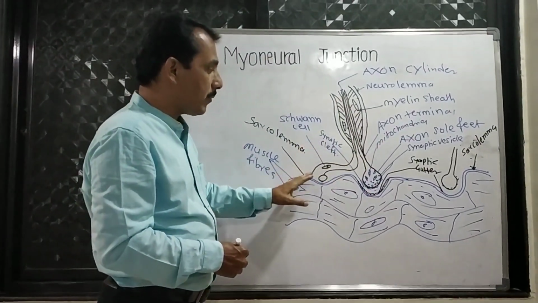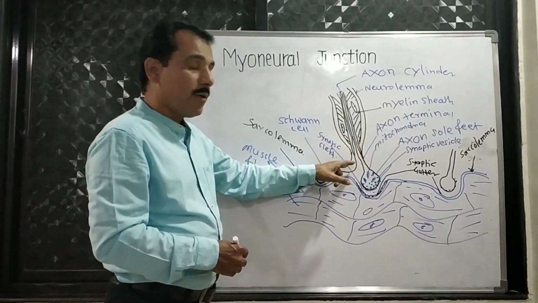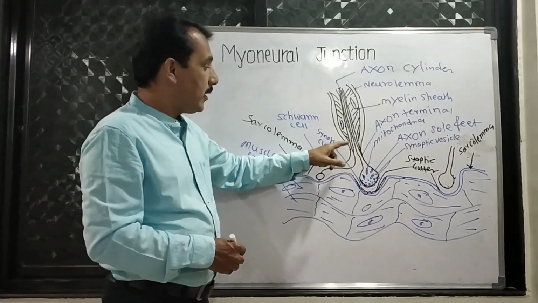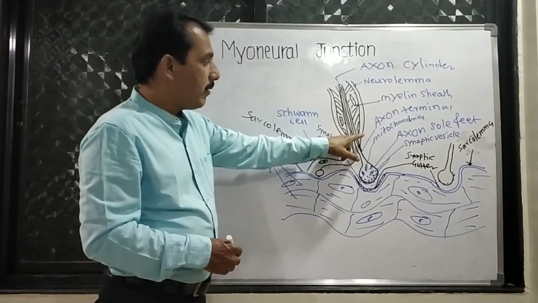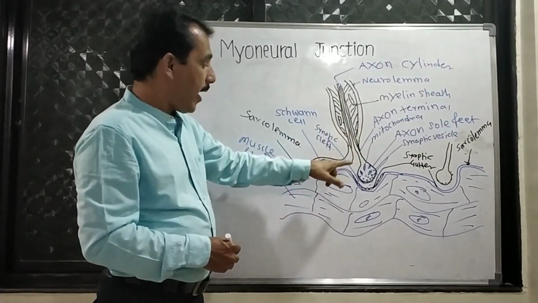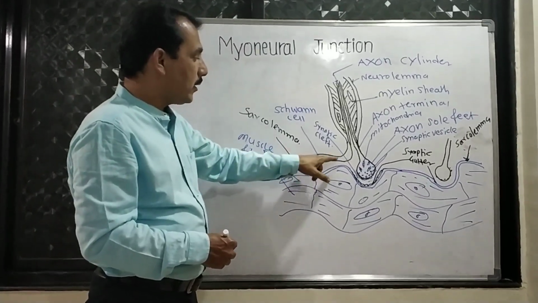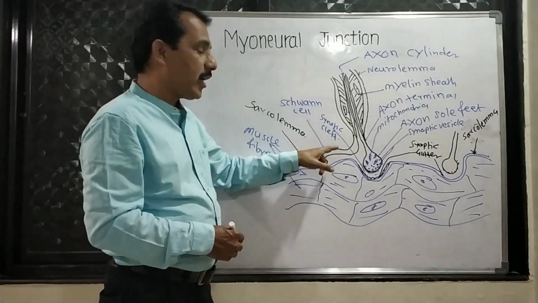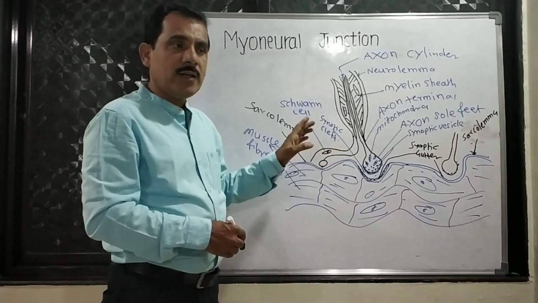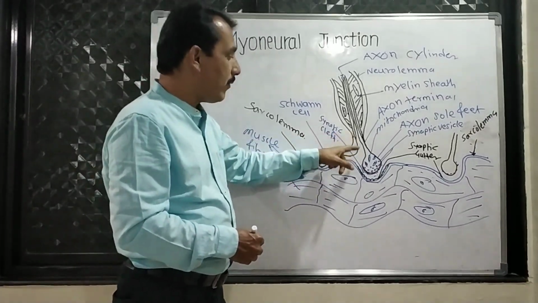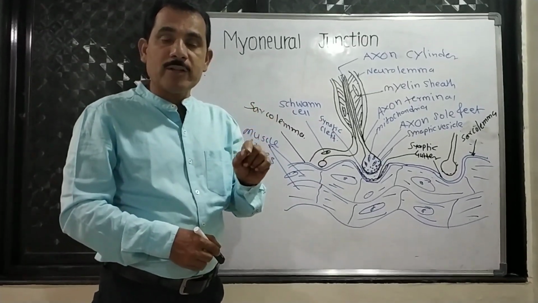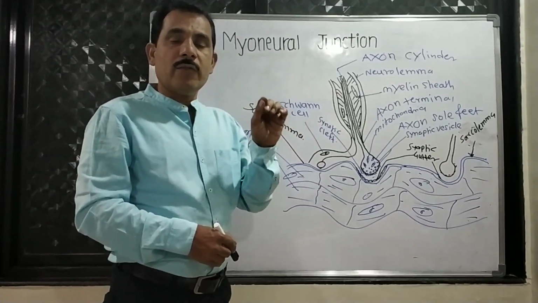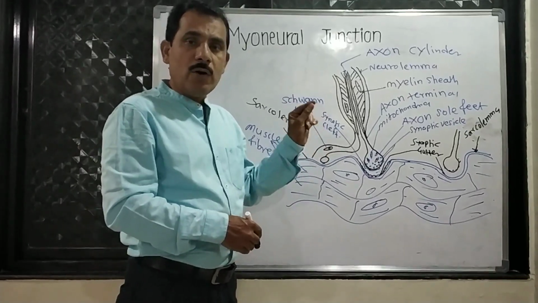Before ending, the axon terminals lose first the myelin sheath, then the neurolemma, and at last they only have the continuation of the covering of the cytoplasm of the Schwann cells. The nerve fibers thus end as naked nerve fibers, meaning they don't have any covering when they end on the sarcolemma.